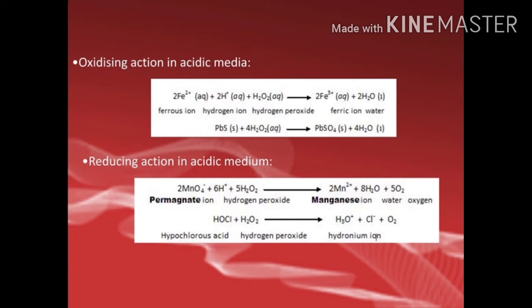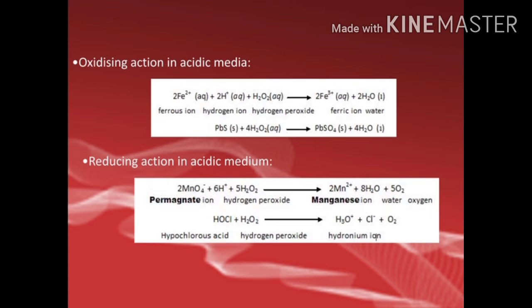Hydrogen peroxide also acts as a reducing agent in acid medium. For example, permanganate ion in the presence of acid medium and hydrogen peroxide is converted into manganese ion.